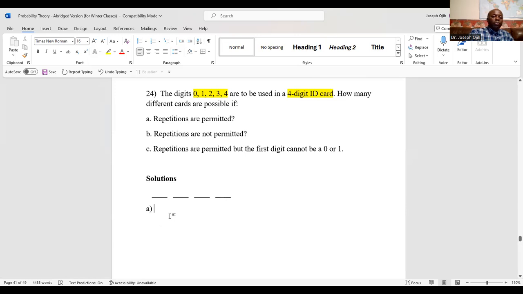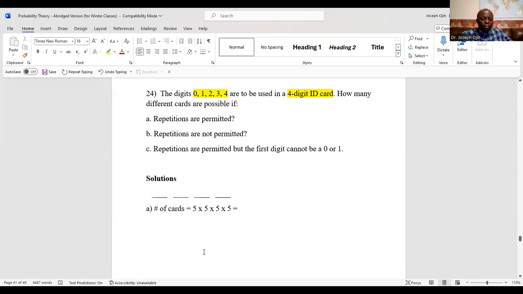So in that case, number of cards will be, there are 5 numbers to choose from, and there are 4 slots. That'll be 5 times 5 times 5 times 5. Because any of these numbers can be used in any order in each of the slots.